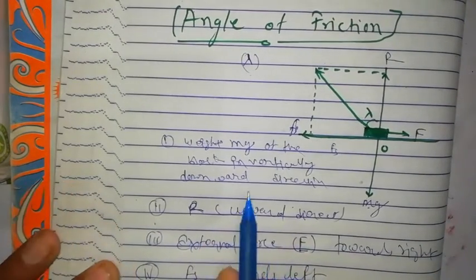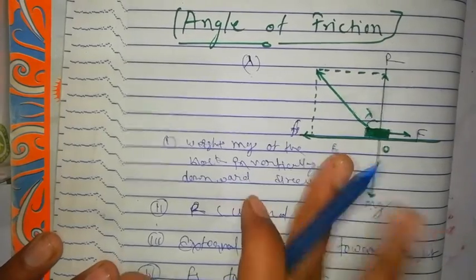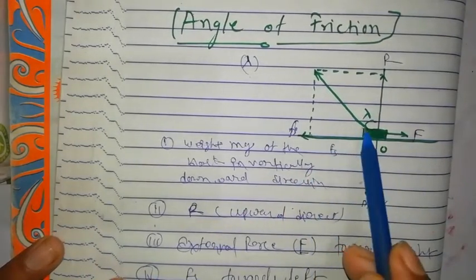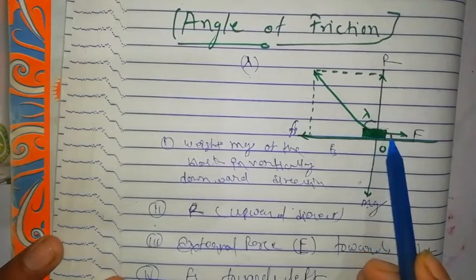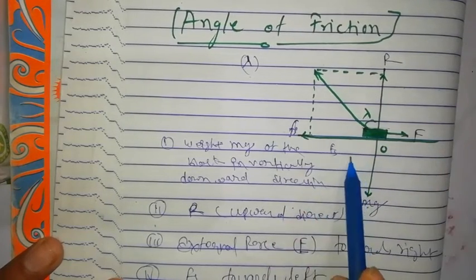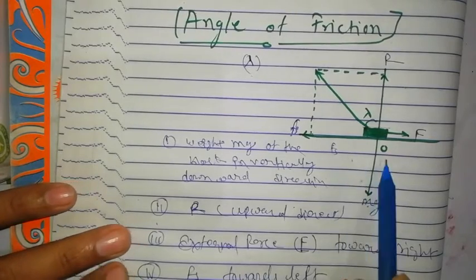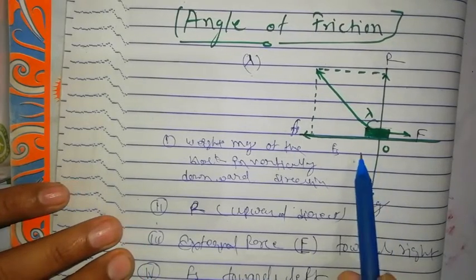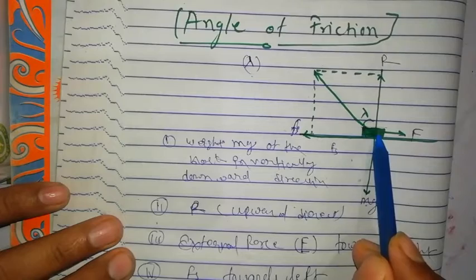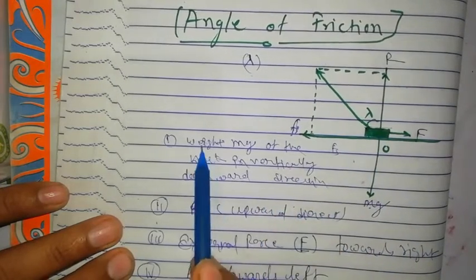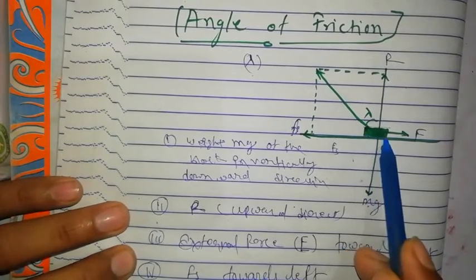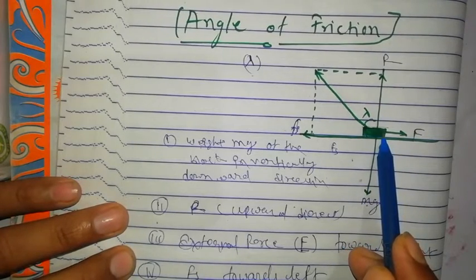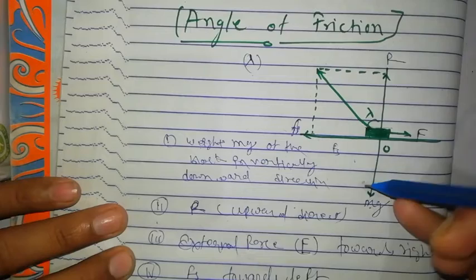Repeating again. This shows the rectangular block lying on a horizontal plane in the state of limiting equilibrium. The forces acting on the block are four types. First, weight mg of the block, vertically downward.